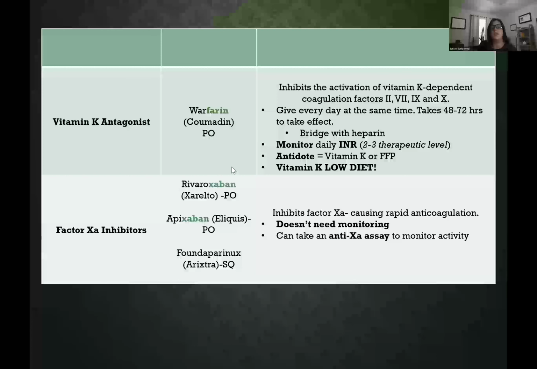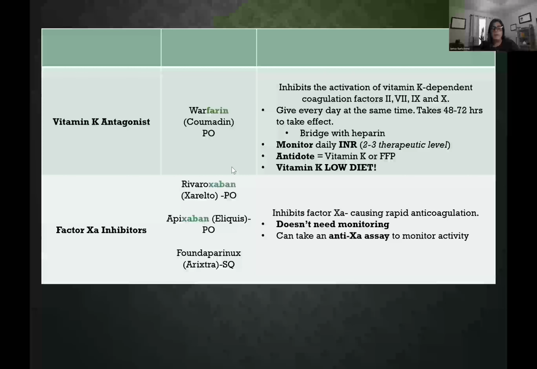The next classification is factor XA inhibitors. They finish in XABAN. So apixaban, rivaroxaban, and these are PO except for Arixtra, which is a sub-Q injection.